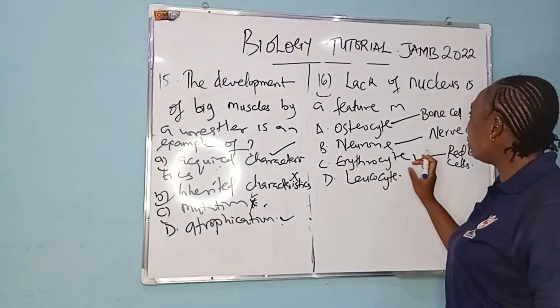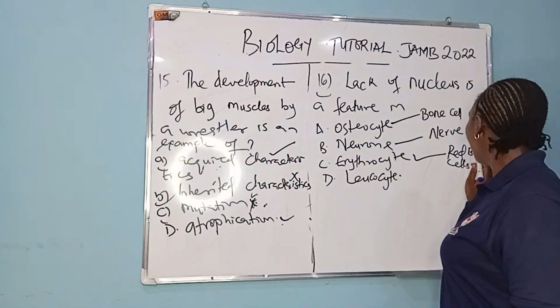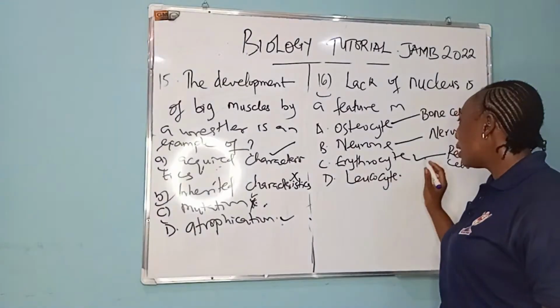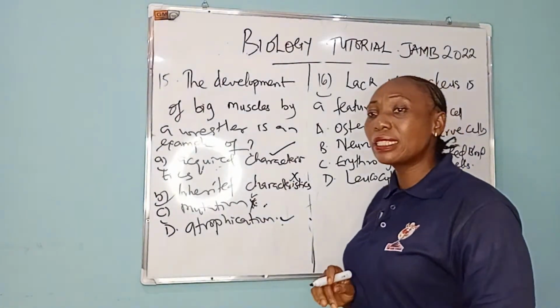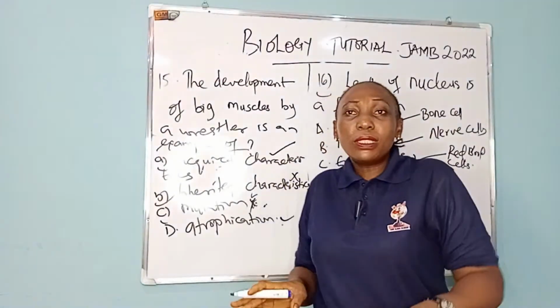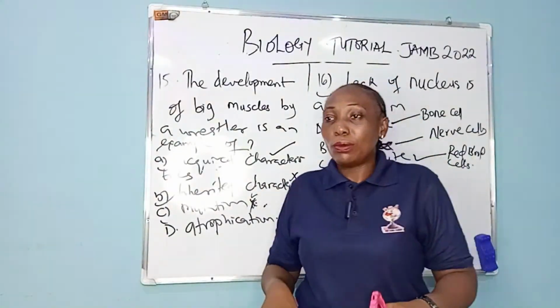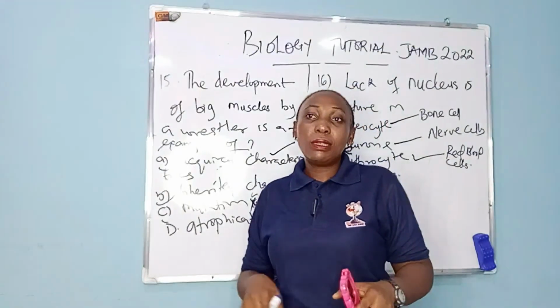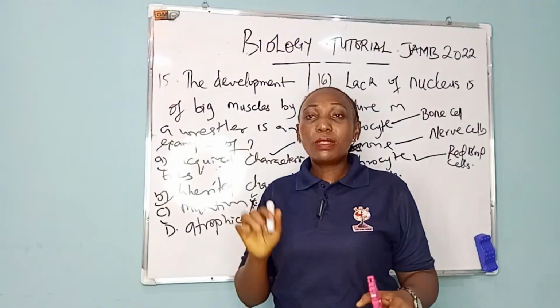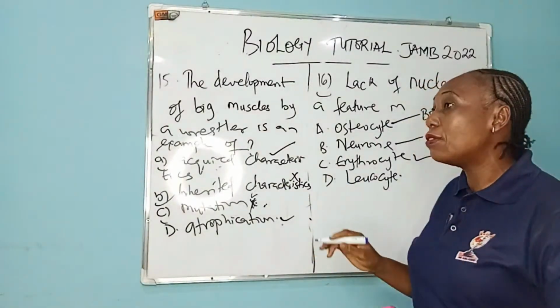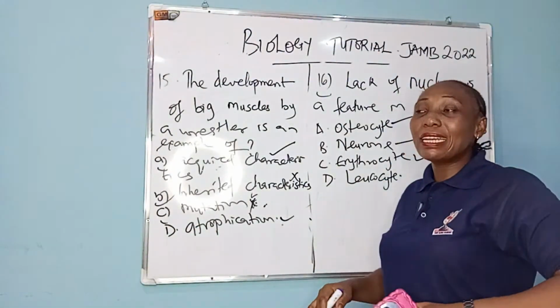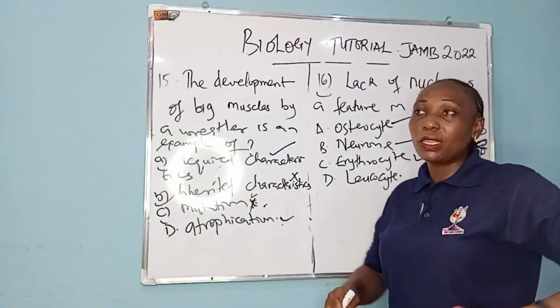Erythrocyte is the only red blood cell without a nucleus, and that is why erythrocyte can take the form of any shape, allowing it to swing and move within the plasma. Because of the absence of this nucleus, it is able to carry oxygen, because there is more space.